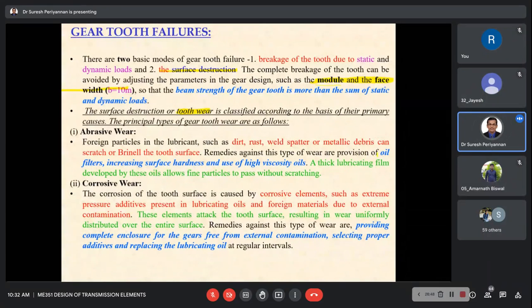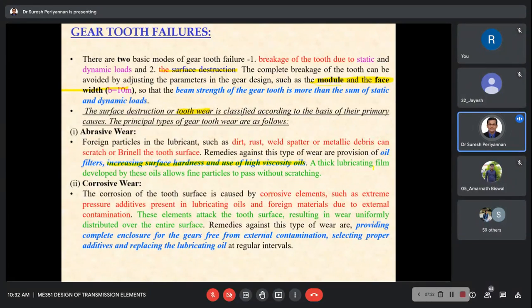The remedies against this type of wear are: provide appropriate oil filters, increase the surface hardness, and use high viscosity oils. When we use appropriate oil filters, increase the surface hardness, and use high viscosity oils, abrasive wear can be avoided.